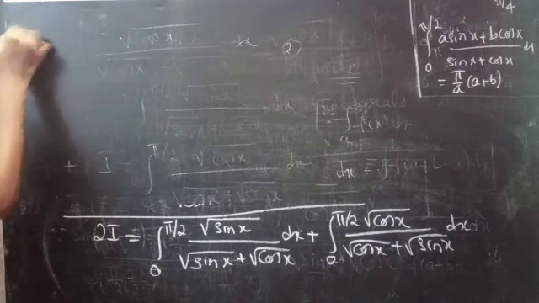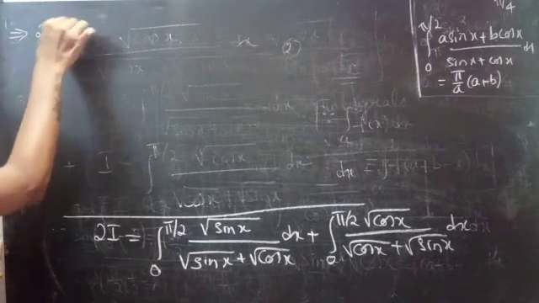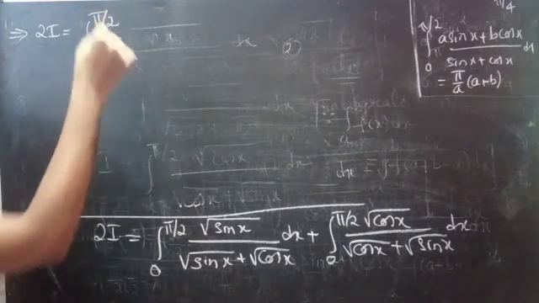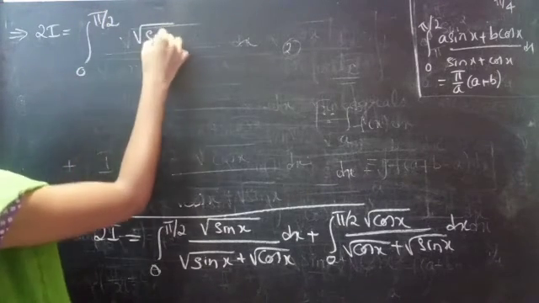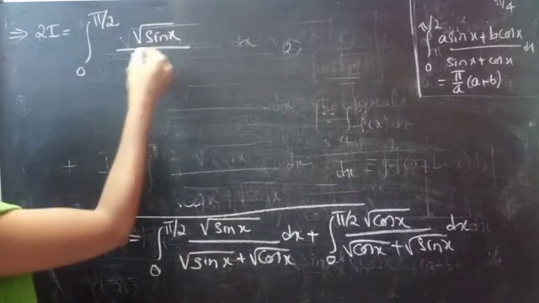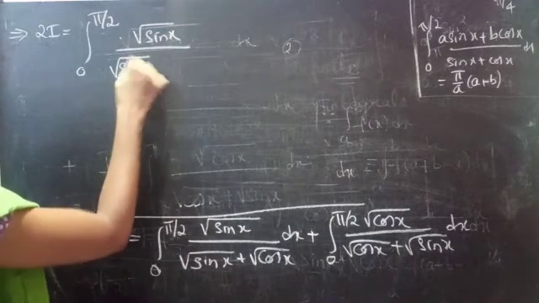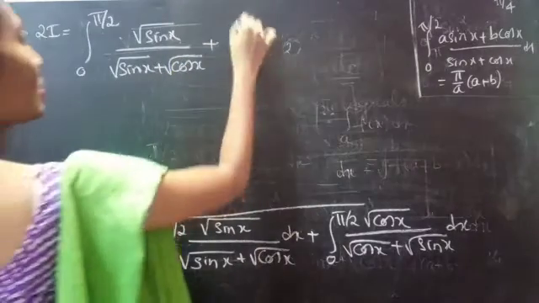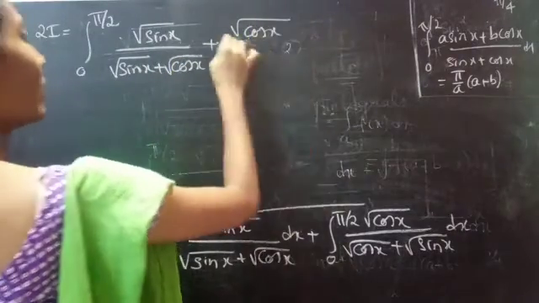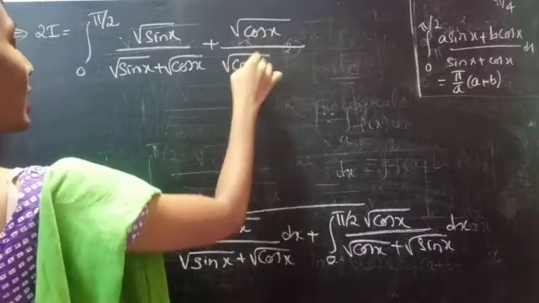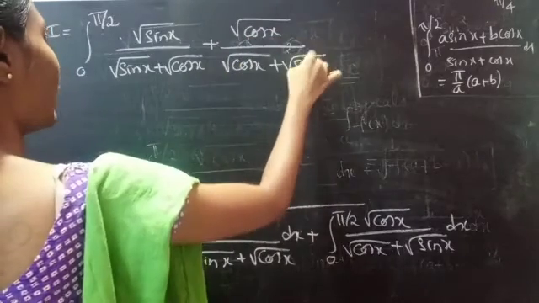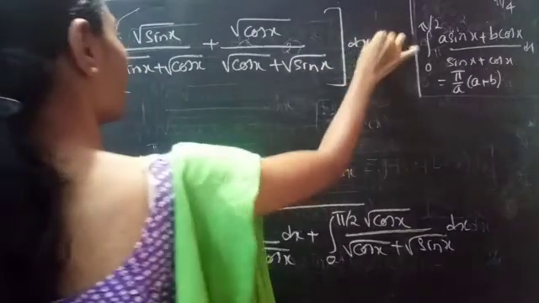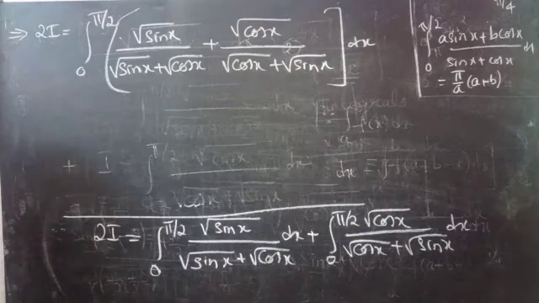This can also be written as 2I equals integral 0 to pi by 2 of root sin x by root sin x plus root cos x plus root cos x by root cos x plus root sin x dx.